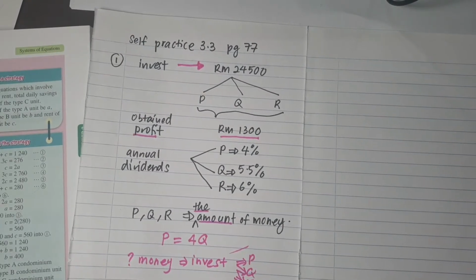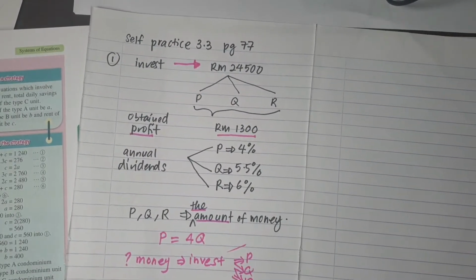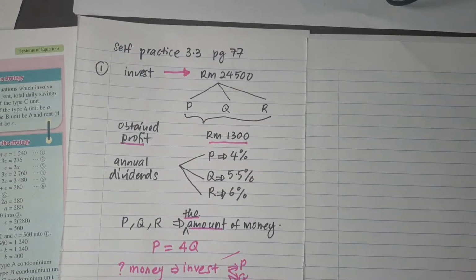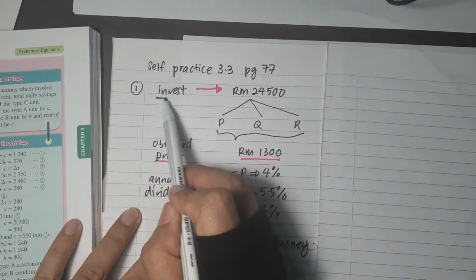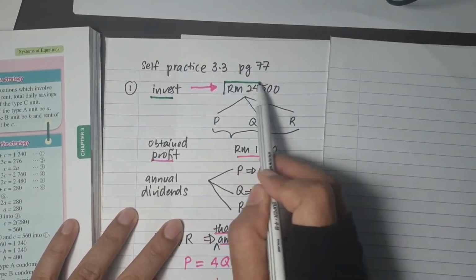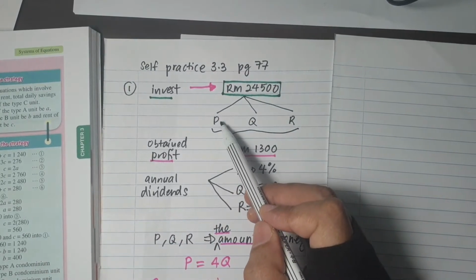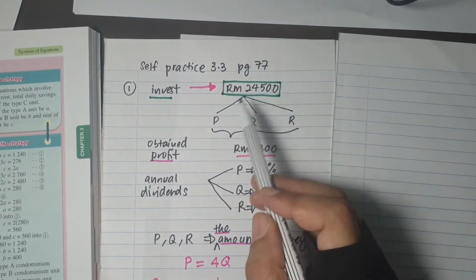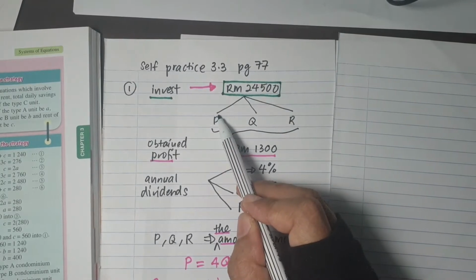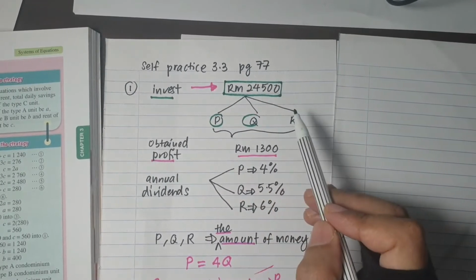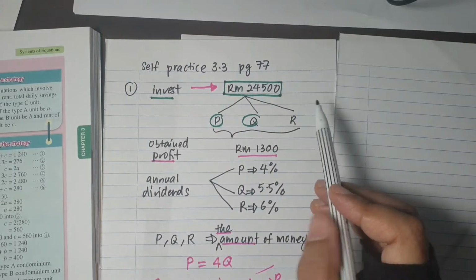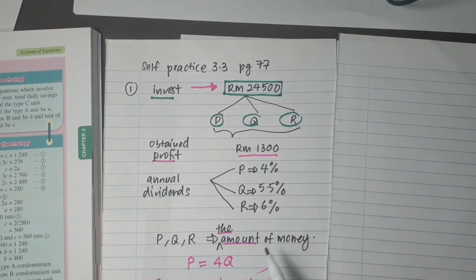Dia invest 24,500. So maknanya kita boleh daripada ayat ni, she invest 24,500 and then 24,500 ni dia divide into 3 accounts. She divided the money into 3 different accounts, P, Q, R.